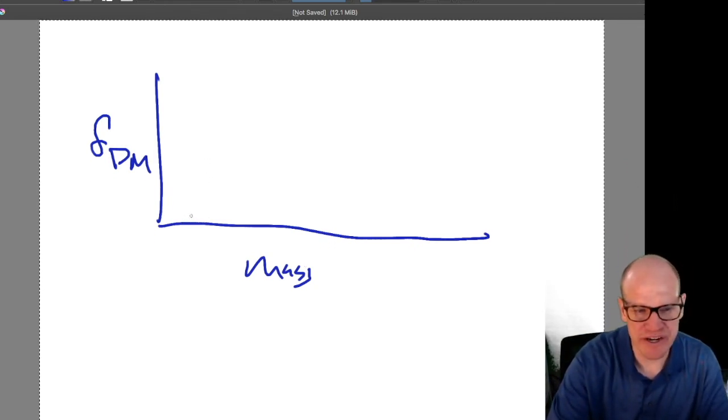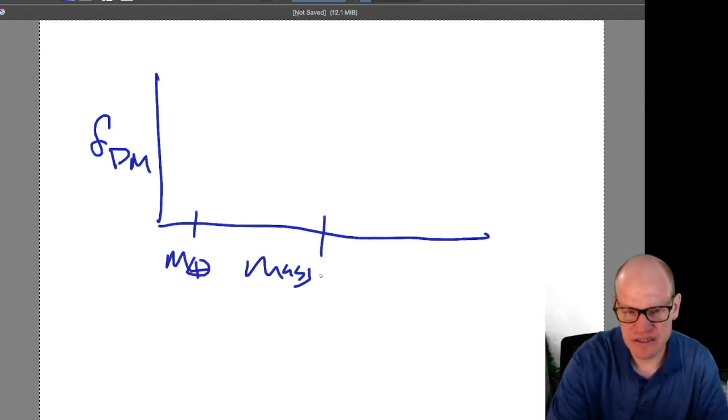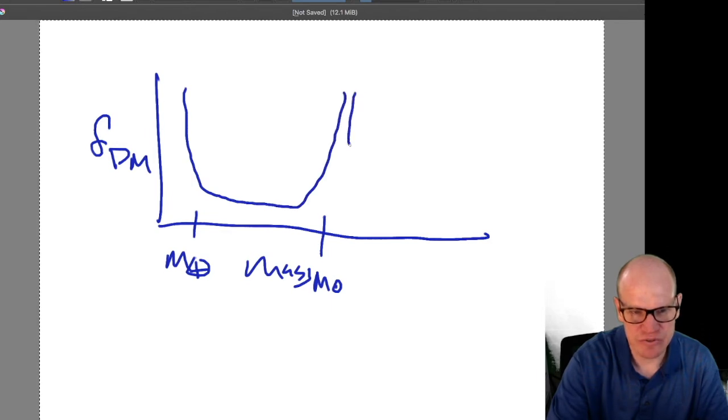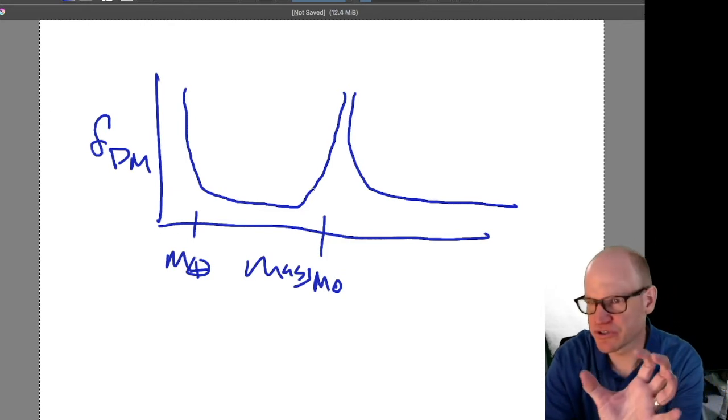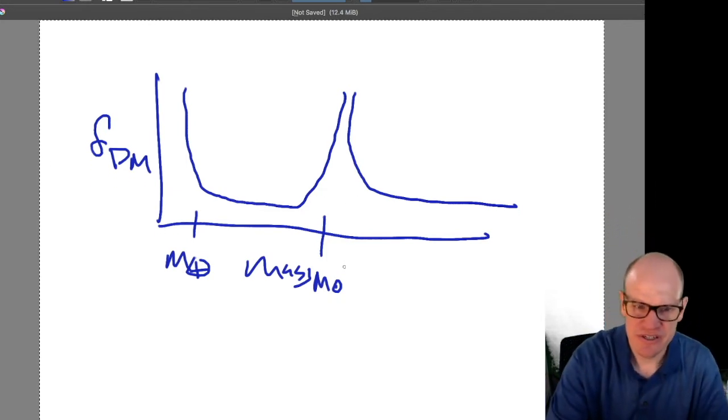So you have a range that's like around an Earth mass. It might be bigger than an Earth mass, up to a solar mass, basically 1 solar mass. And you get these constraints from Mozos that look something like this. And then you have this window that looks like this. I think this window is continuing to close as they continue to make observations. But this is like the 10 solar mass window.